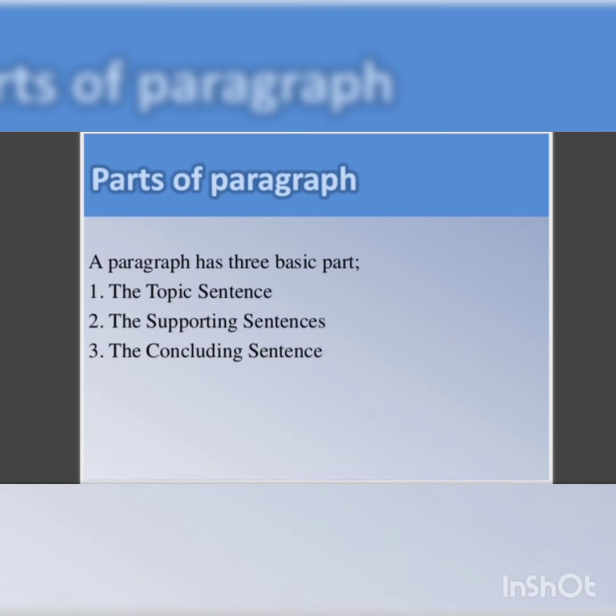Now see, as I have already discussed with you, what are the different parts of a paragraph? A paragraph has three basic parts. The very first, the topic sentence. Now what is this topic sentence? The topic sentence is usually the first or second sentence in a paragraph.